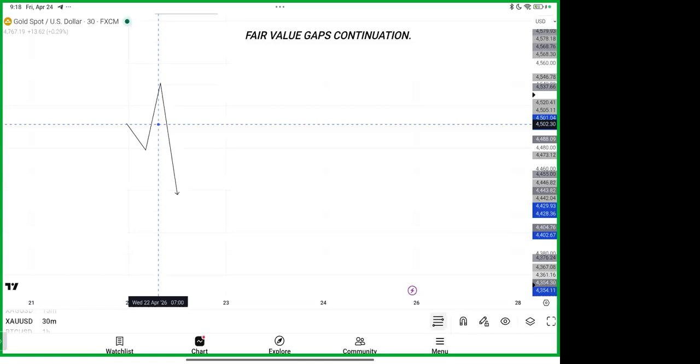Bullish and bearish fair value gap, marking fair value gap with a Fibonacci, right? The last time I showed how to mark it with a Fibonacci, FIB retracement.